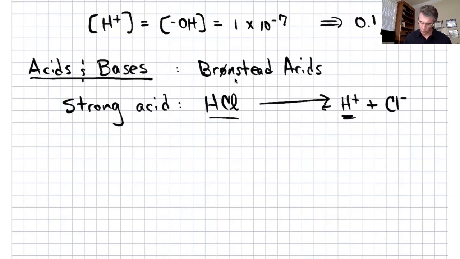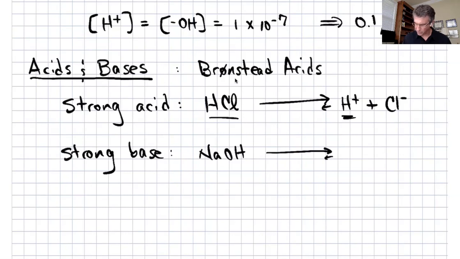And the same is also true for strong bases, right? Where a strong base, for example, would be something like sodium hydroxide, again, whose ionization is so shifted in aqueous solution in the direction of ionization that you have sodium ions and hydroxyl ions, right?